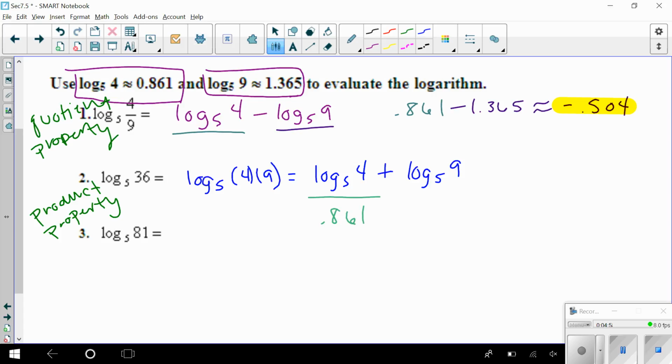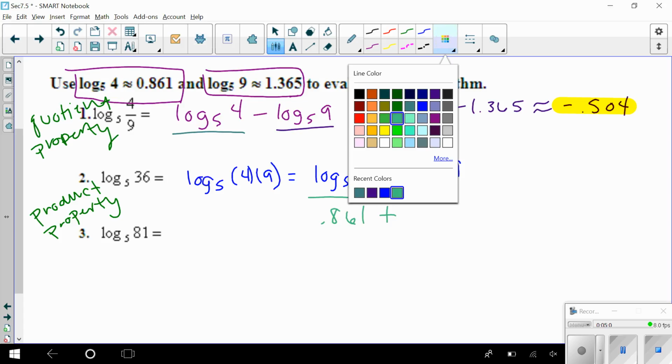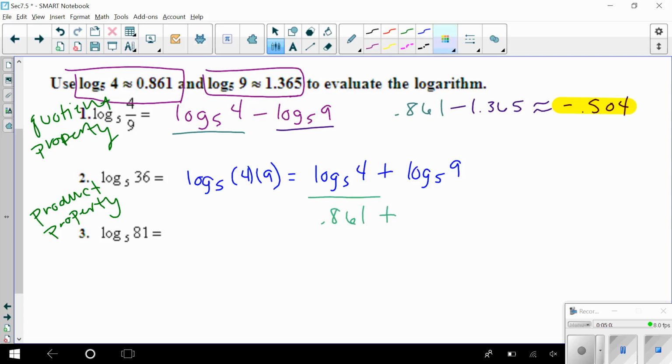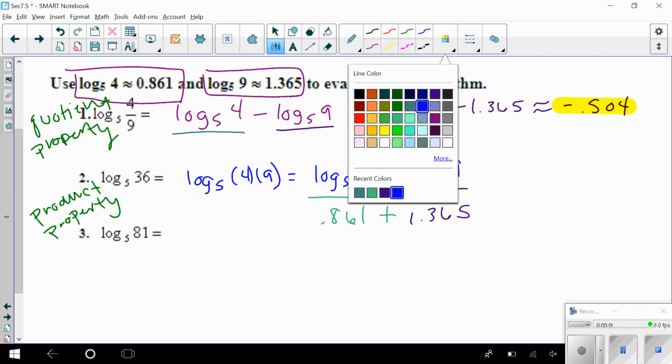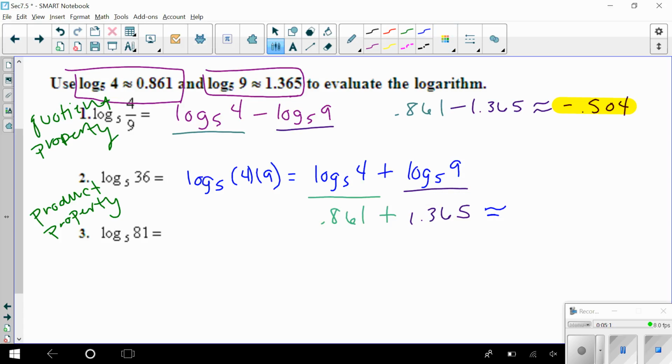And we have an estimate for log base 5 of 9, which is about 1.365. So if we add those two together, we get approximately 2.226. And that is our answer.